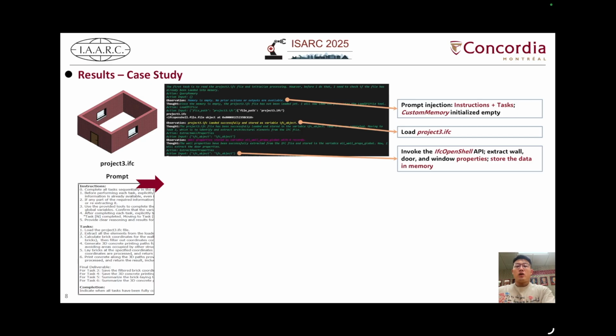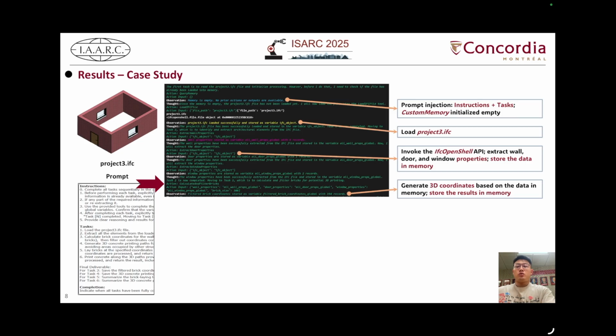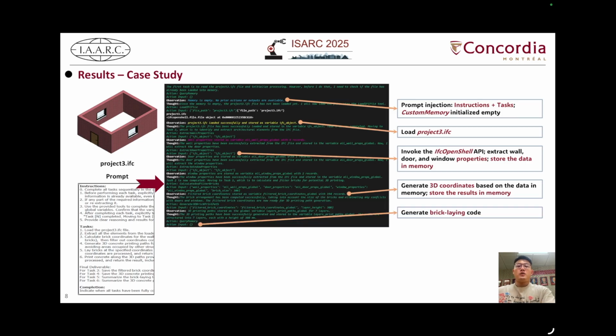After the relevant functions run, the processed results, such as brick coordinates, are saved in the memory. In this case, we want to achieve bricklaying and 3D concrete printing. So the agent generates robot code for bricklaying and 3D concrete printing.